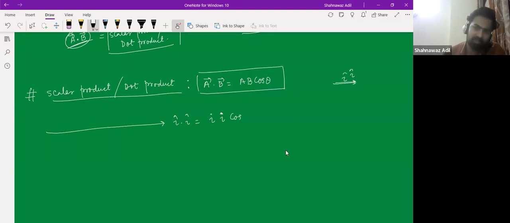What is the angle? You have I hat in this direction, and then I hat again. The angle is 0.